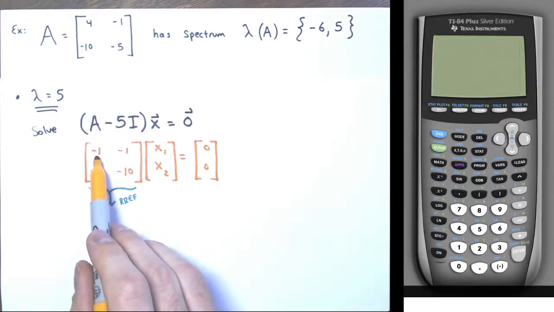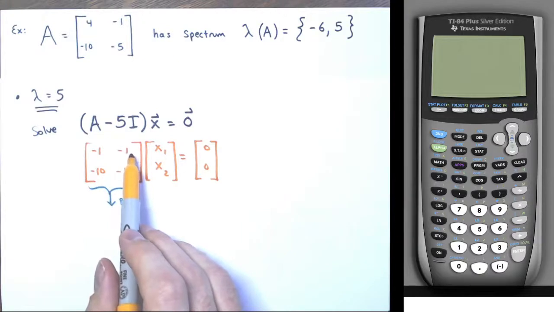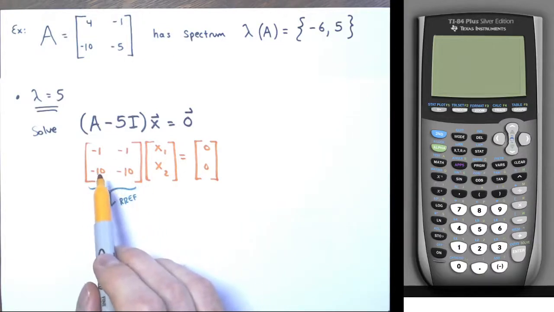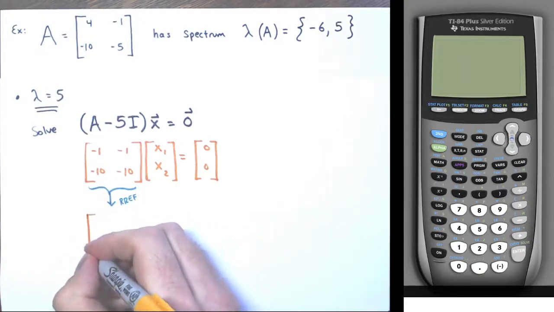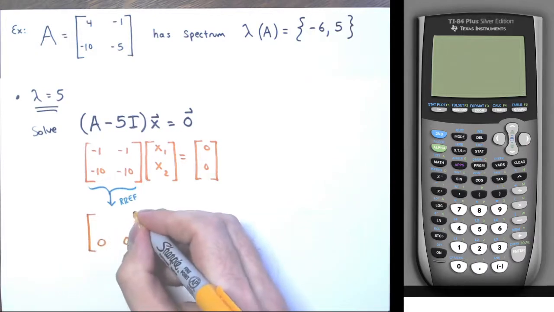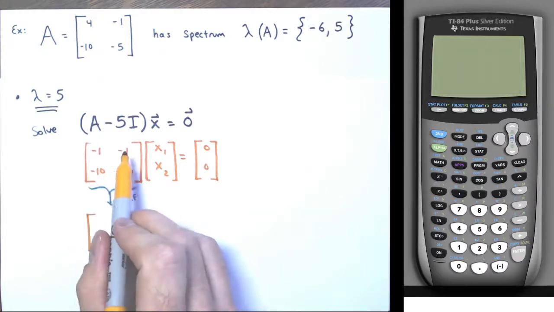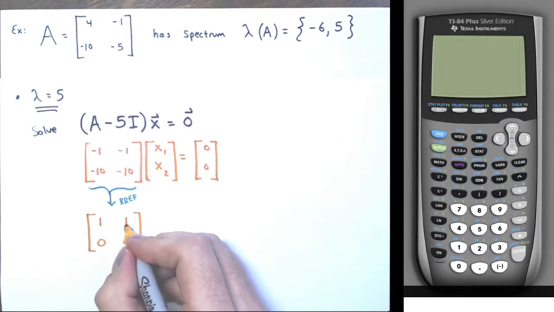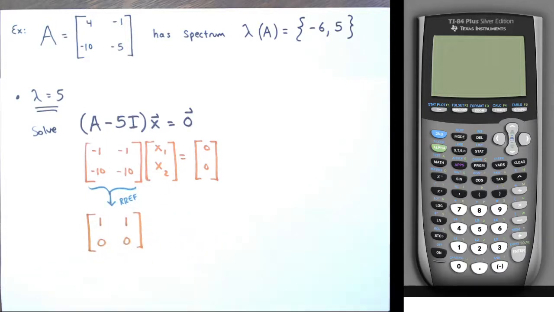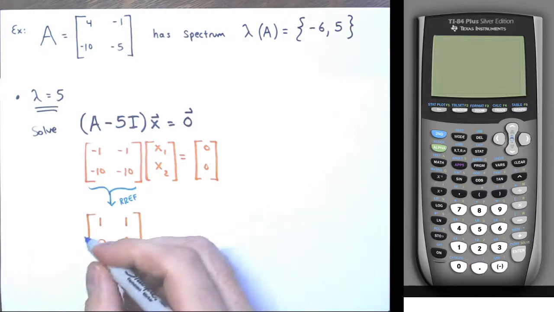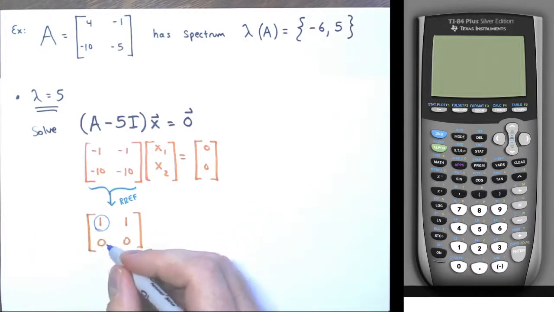If I take negative 10 times the first row and add it to the second row, it will become a bunch of zeros. And to get the reduced row echelon form, I need the leading non-zero entry in the first row to be a 1, so I simply multiply by negative 1, making each of those a 1. So this is the only pivot position.